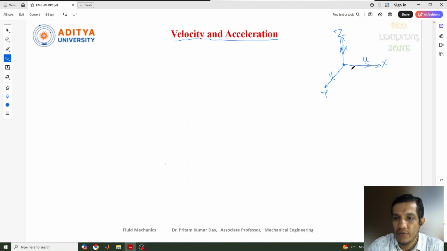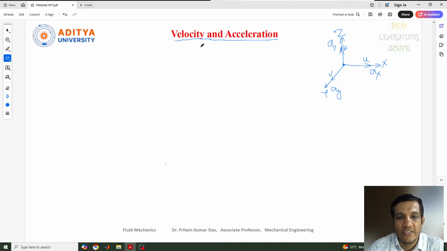Similarly, the acceleration will also be as usual: acceleration ax, acceleration az, and acceleration ay. These are the directions of the fluid flow, like how it is moving in the x, y and z directions, what is the velocity of the fluid, and what is the acceleration of the fluid.